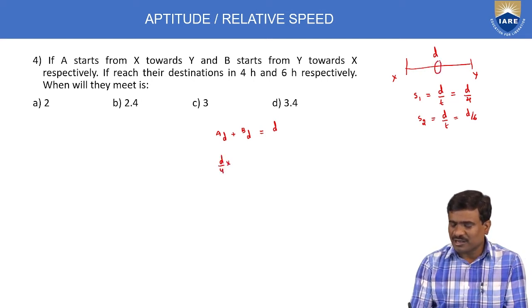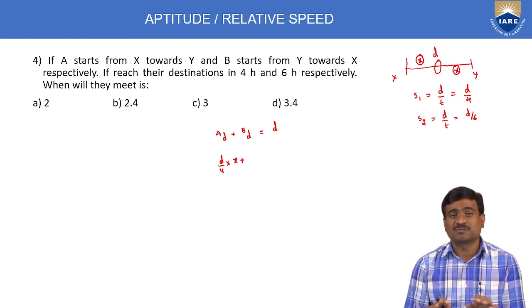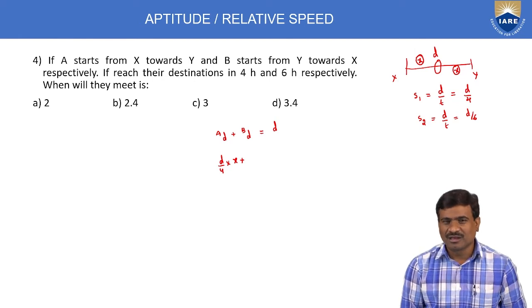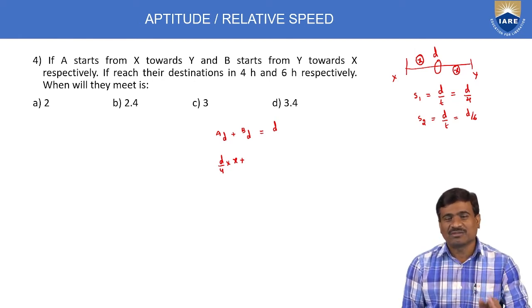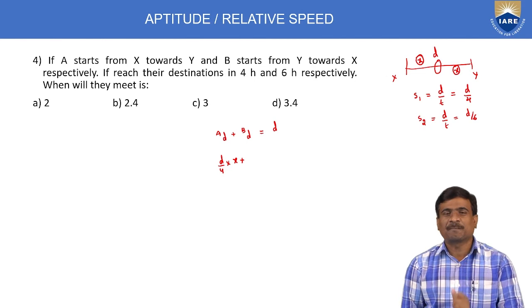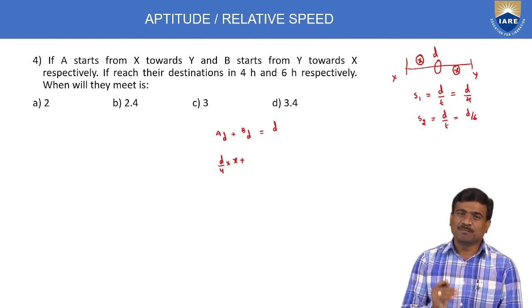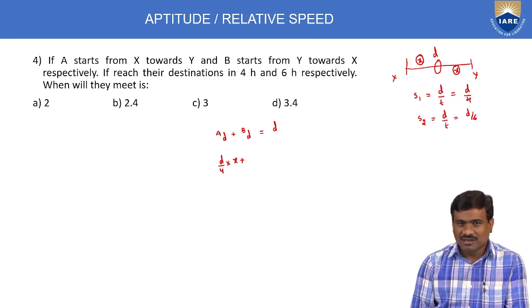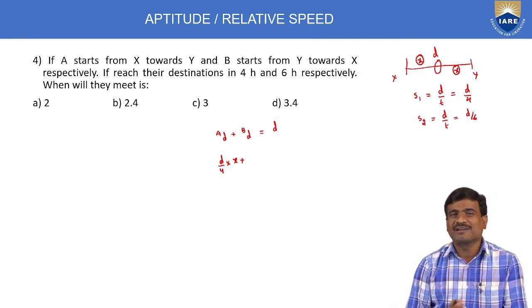Let A's time up to the meeting point be X hours. Then B's time up to the meeting point is also X hours, because there is no time gap between A and B. Both starting times are the same.